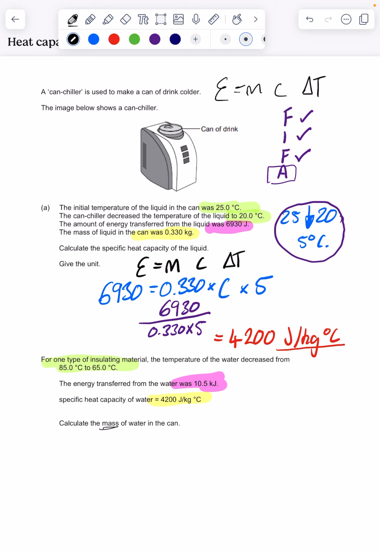Once again, for the F in FIFA, we write out our formula. Energy equals mass times heat capacity times temperature change. We then insert our values, what we know. We know the energy transferred to the water was 10.5 kilojoules. Now, we want that in joules, so that's going to be 10,500 joules.